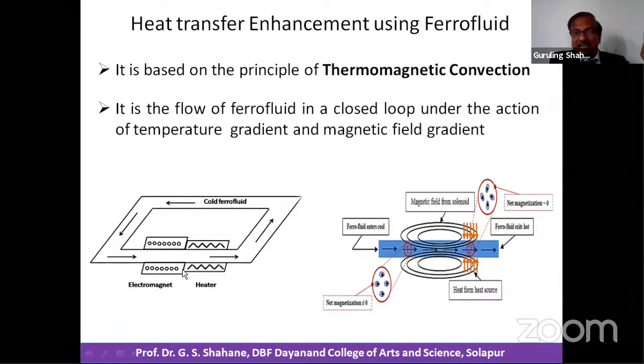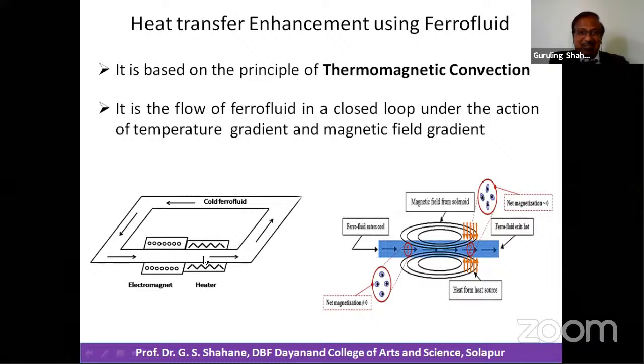So what happens in this case? To avoid removal of heat by natural convection, we have placed this loop in a horizontal plane, so natural convection is minimum. Now this is a hot object. Because of its temperature, this ferrofluid gets heated, and when it gets heated, it loses its magnetization.